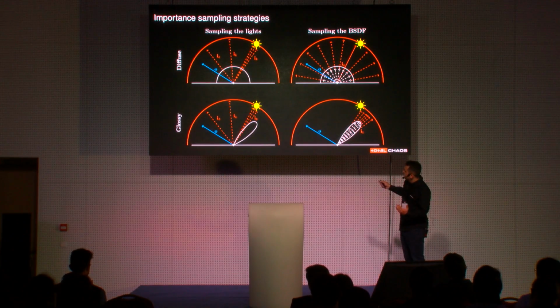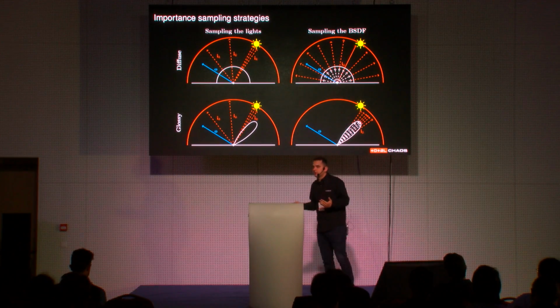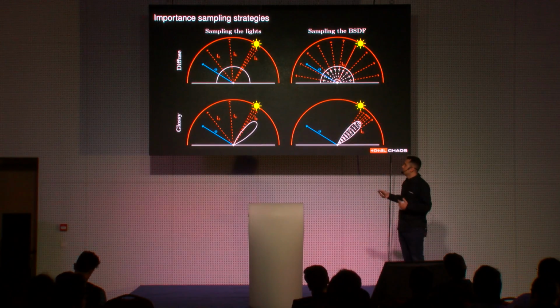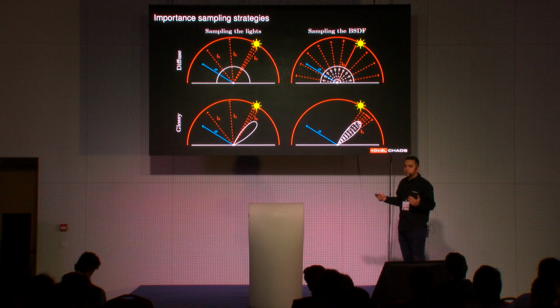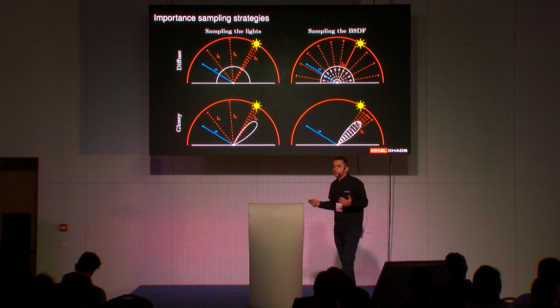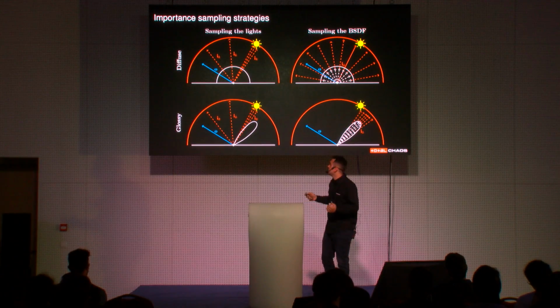The left column is the sampling strategy of the light, so this is the sampling strategy of the dome light. The dome light tries to generate directions to those parts of the HDR image which have high intensity.